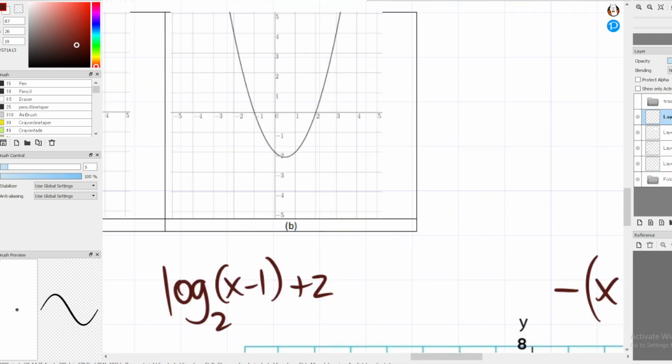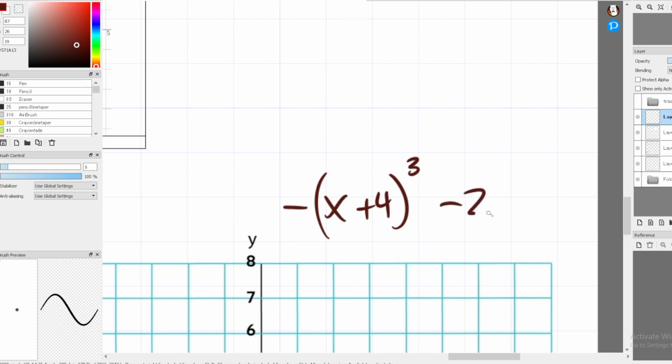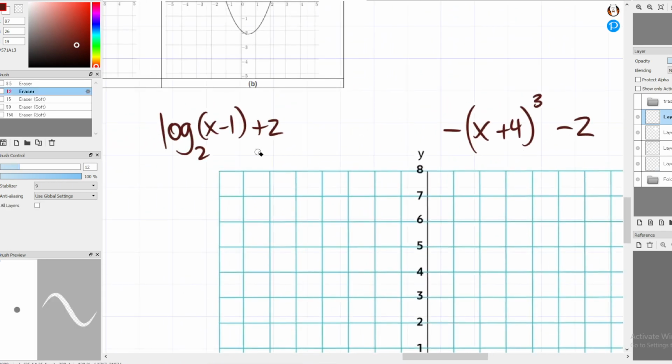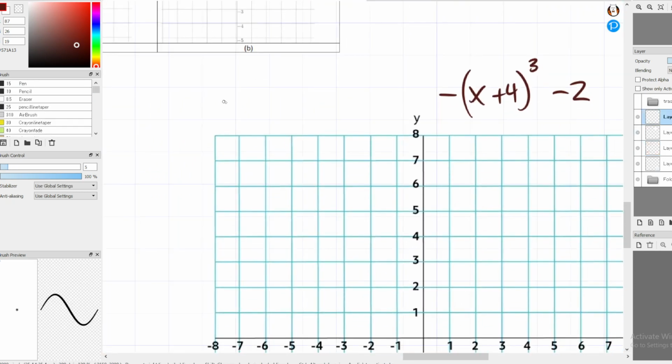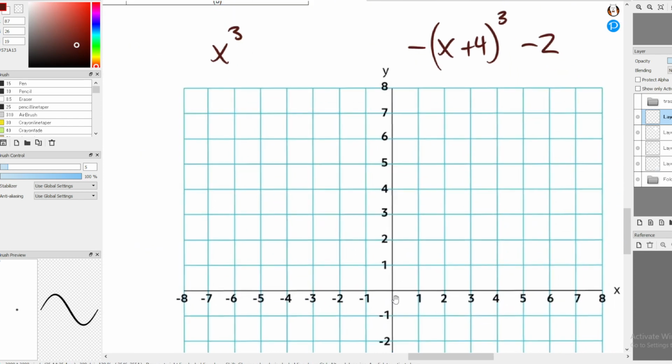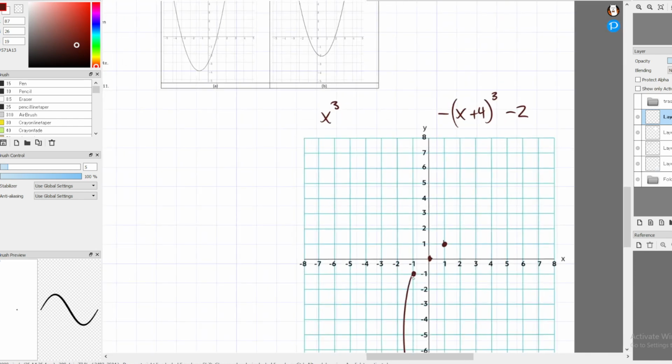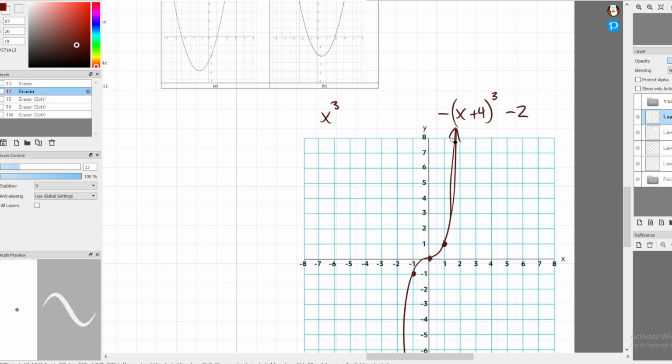So the parent graph of this function is x cubed. And we have a point here, here, and here. And then the rest kind of doesn't matter too much for what we want to do. And so it will look something like this.